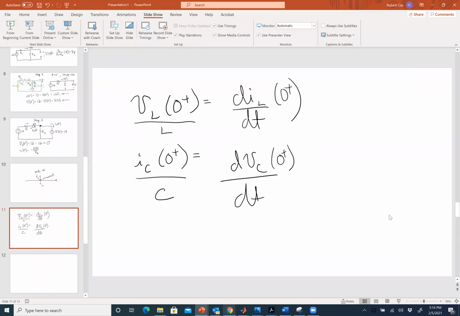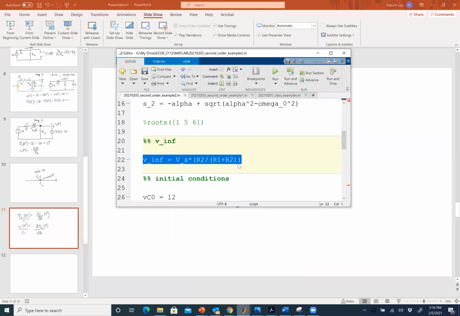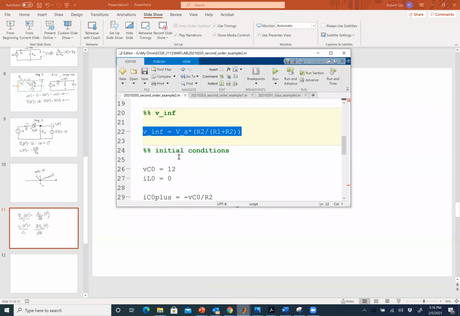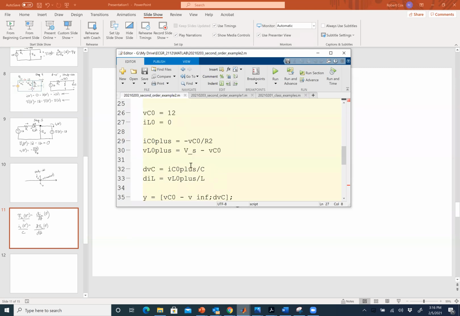In my Matlab code, I put in what my initial conditions were. I put in the expressions that I just derived right there. And then I put in how I solve for the derivative on the voltage and the derivative on the current. And I've got everything I need for step 5.